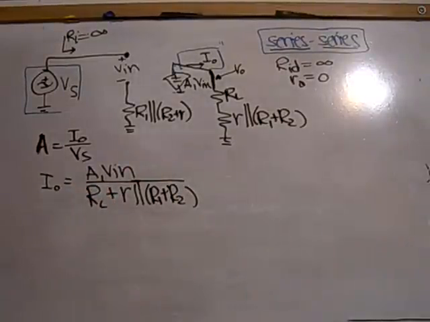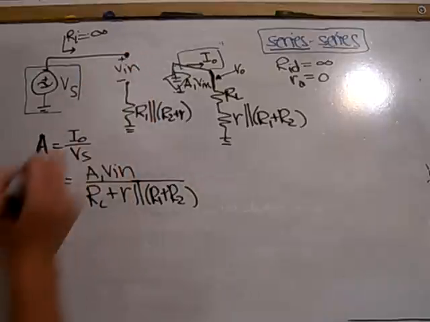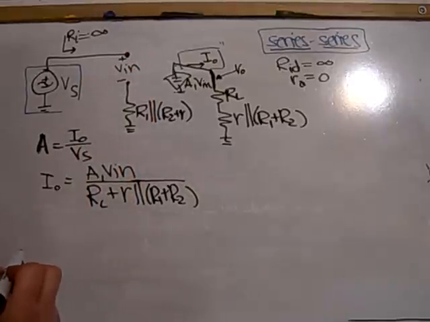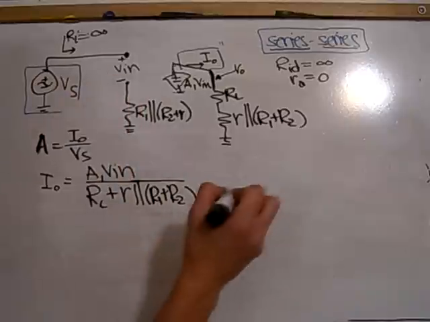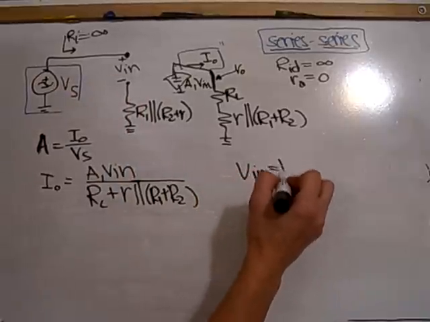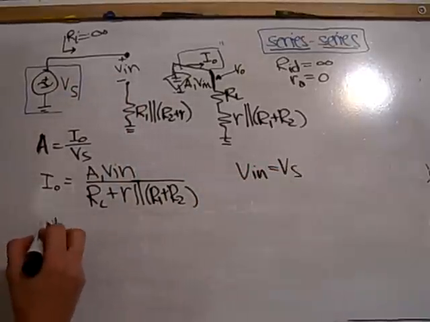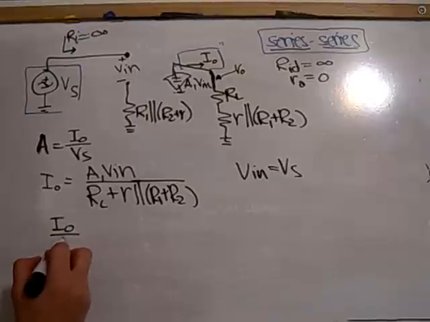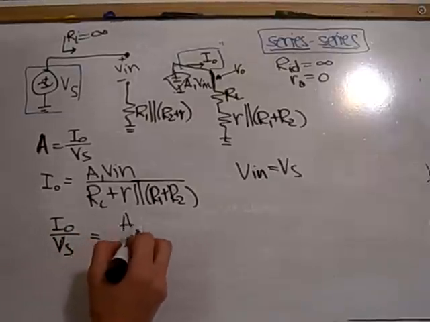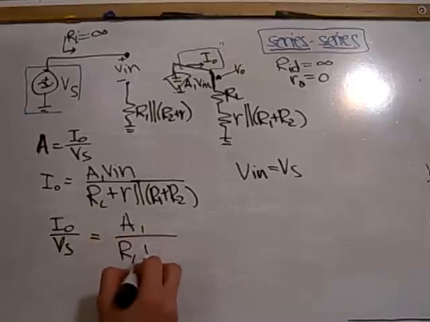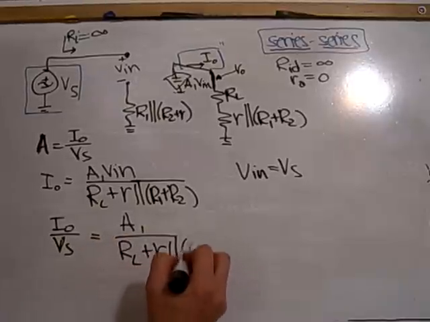And then I can write Vn in terms of Vs. With it being open, there's no current flowing through here, so Vn will be equal to Vs. And I get I0 over Vs is equal to A1 over RL plus R in parallel with R1 plus R2.